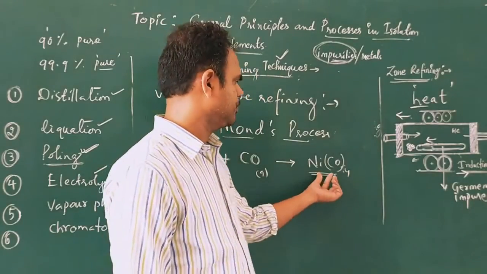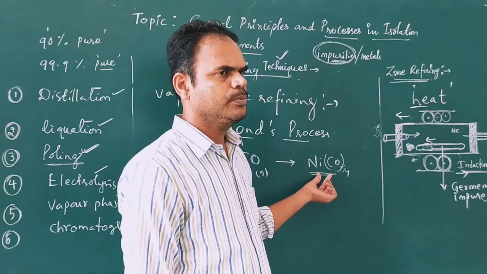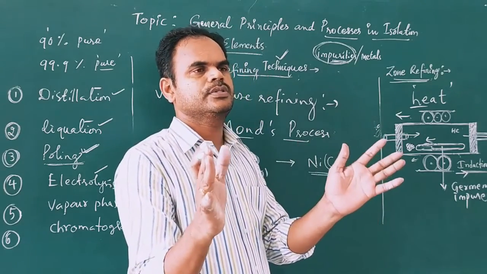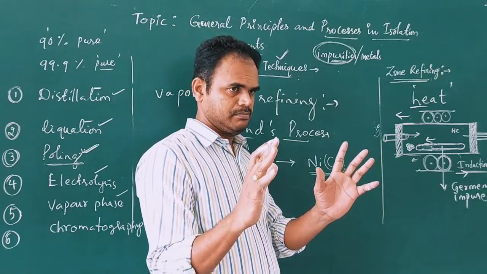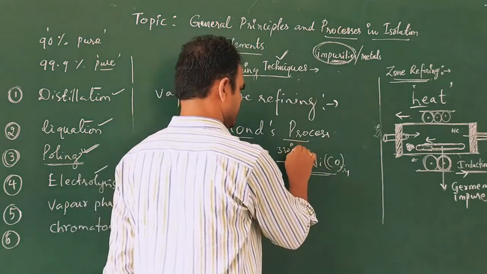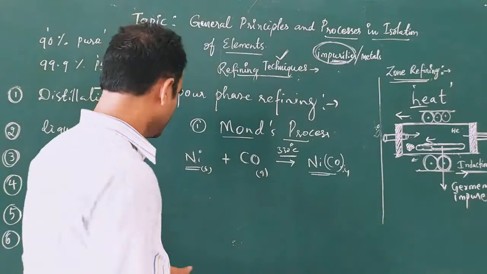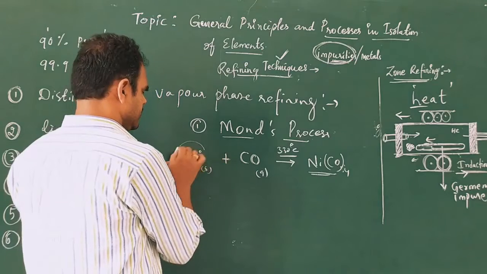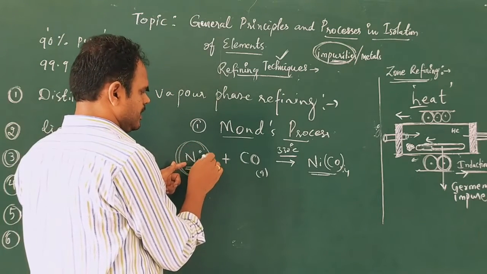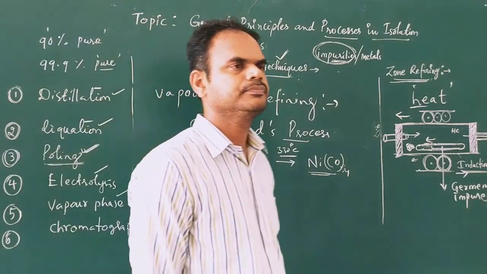This compound has a low boiling point, and easily undergoes decomposition. At around 330 or 350 degrees Celsius this reaction will happen. From the impure nickel, only the nickel will combine with the carbon monoxide.